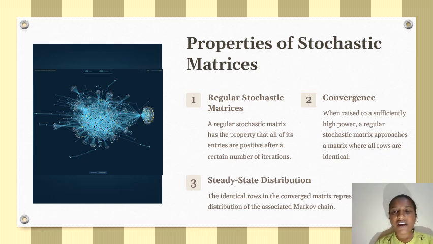Convergence: when raised to a sufficiently high power, a regular stochastic matrix approaches a matrix where all rows are identical. Steady state distribution: the identical rows in a convergent matrix represent the steady state distribution of the associated Markov chain.